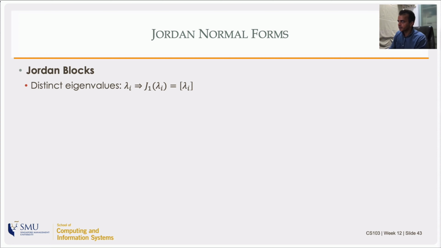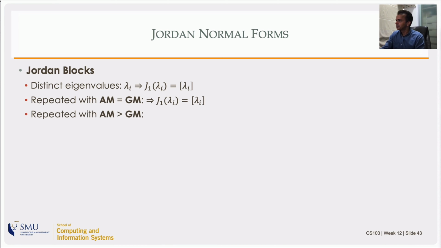So if you have distinct eigenvalues, then they will form Jordan blocks of size 1. And if you have repeated eigenvalues with algebraic multiplicity equal to geometric multiplicity, they will still form Jordan blocks of 1. But repeated with algebraic multiplicity greater than geometric multiplicity, then they will start forming Jordan blocks of 2 or 3. Okay, so that is the idea.